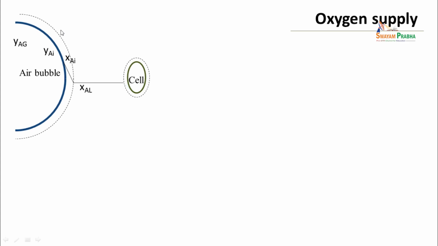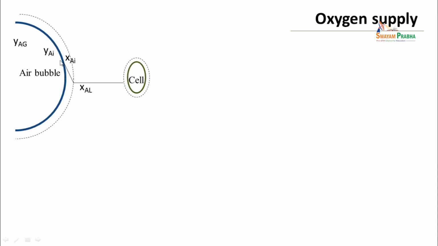Then there is a region very close to the air bubble where the concentration of oxygen decreases quite drastically. The mole fraction of oxygen decreases quite drastically in the liquid, and this conceptual region is called the gas liquid film. It actually doesn't, there is no film and so on and so forth. It's a region, the film is a conceptual point.